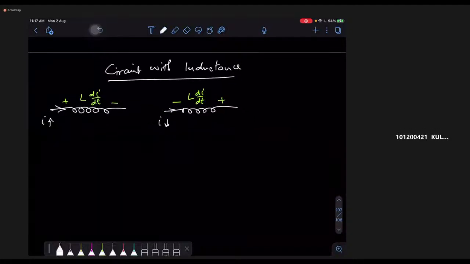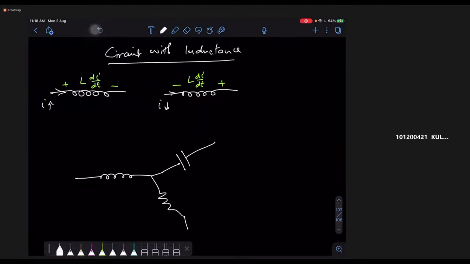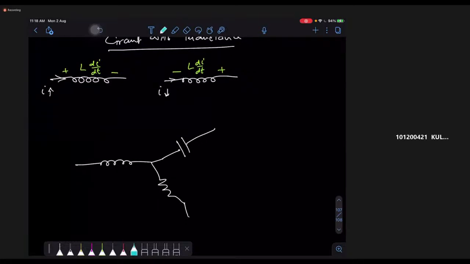To understand its polarity, I give you one simple question. Suppose we have an inductor, and we have one capacitor on this side and one resistance on this side. This is going to have some potential. Let's say here is 10 volt, this side here is 20 volt, and this side here is minus 10 volt.